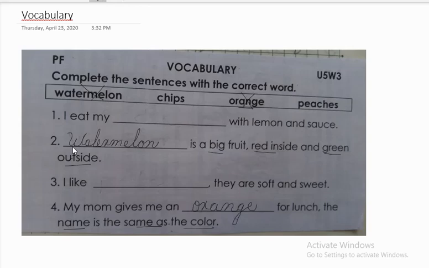Okay, let's go to the next. It says, I like these. They are soft and sweet, okay? A fruit that is soft, well, is the peach, okay? So in this case, this word is in plural. And it says, I like peaches.